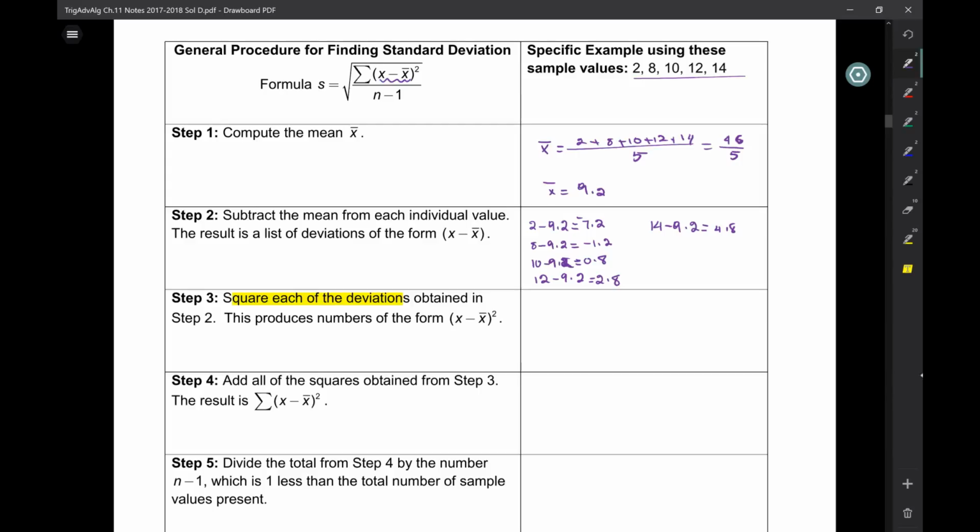Right, so I don't even include the negatives here. I do 7.2 squared, 1.2 squared, 0.8 squared, 2.8 squared, 4.8 squared. So I get 51.84, 1.44, 0.64, 7.84, 23.04.